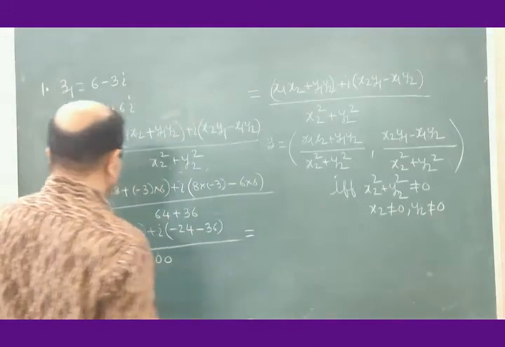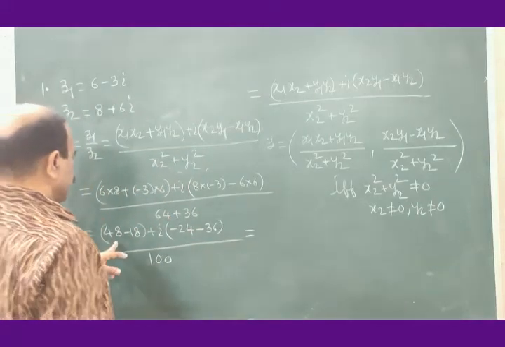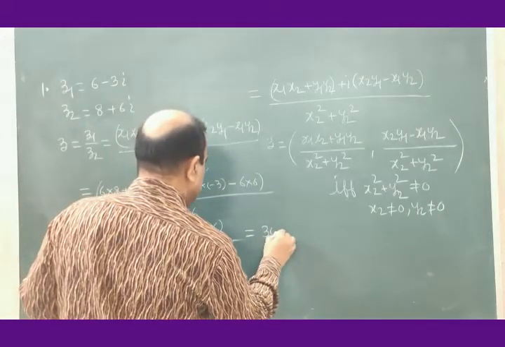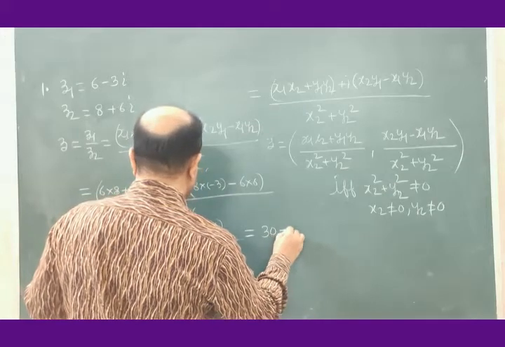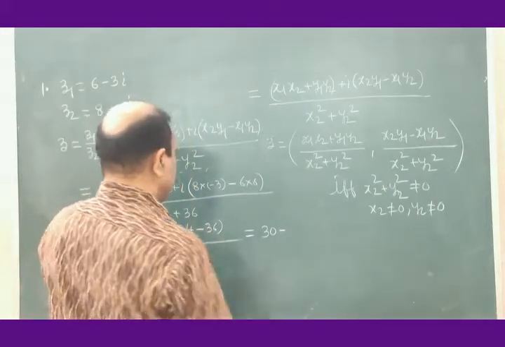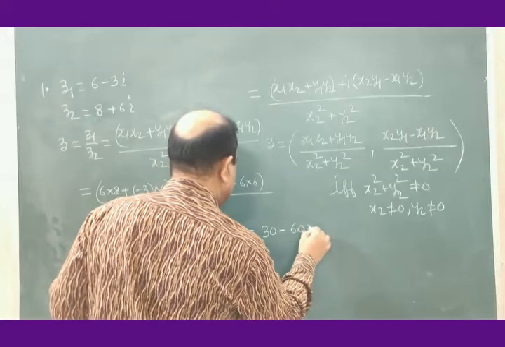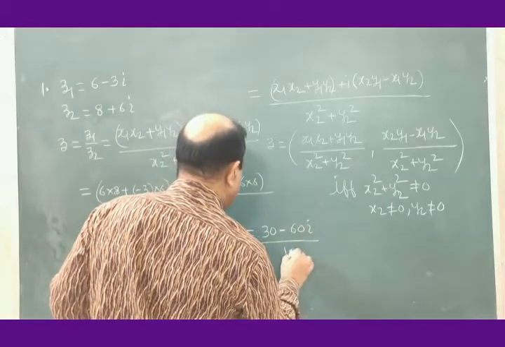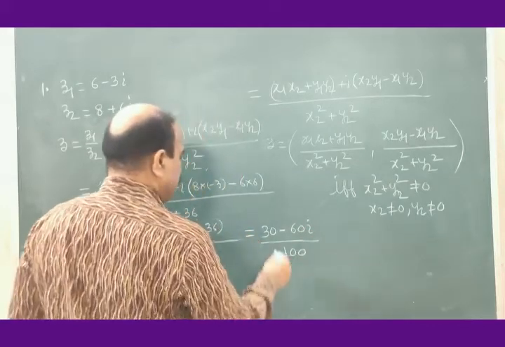This is equal to 30 minus 60i divided by 100.